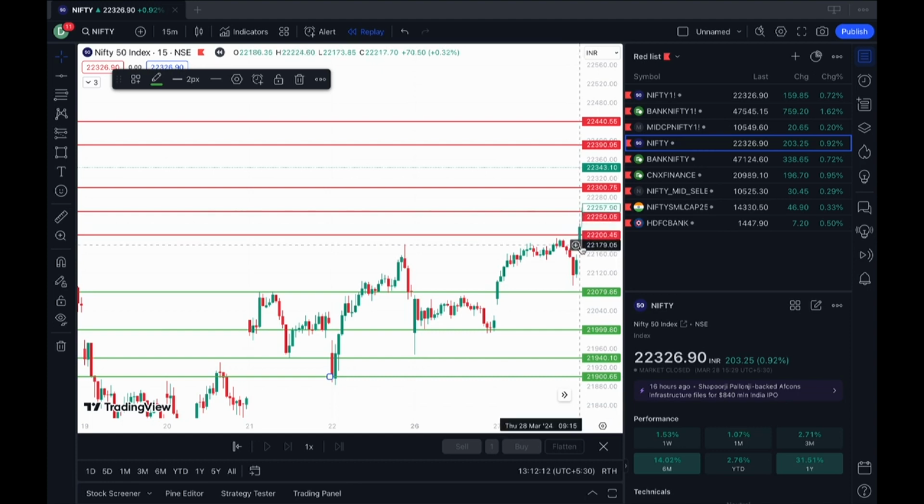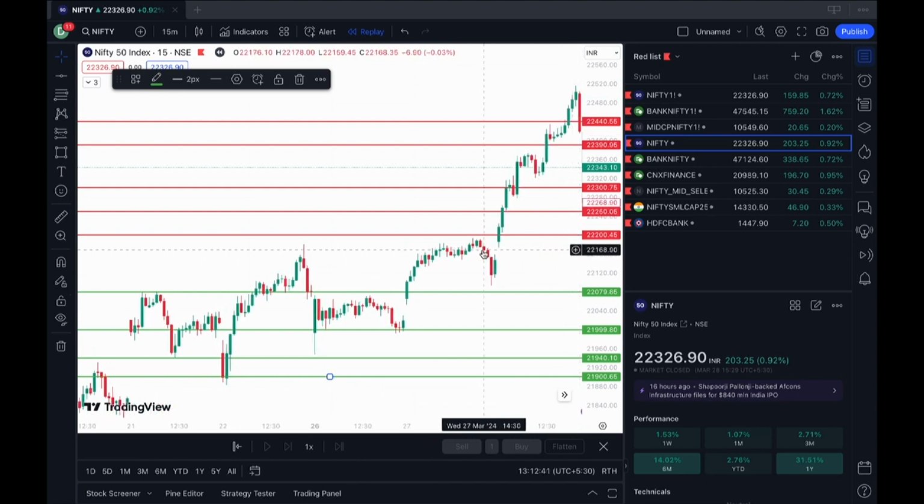At what time? It is the 9:15 candle, so it should be 9:29:59, just before the candle is closing, 2-3 seconds before. So that is the entry: as soon as it is closing just above my first resistance.